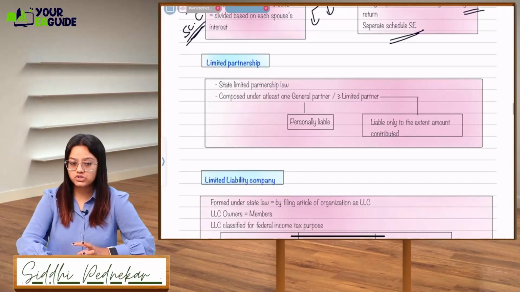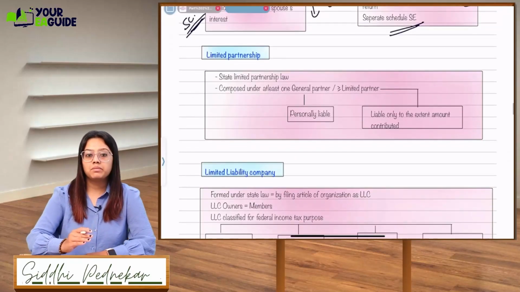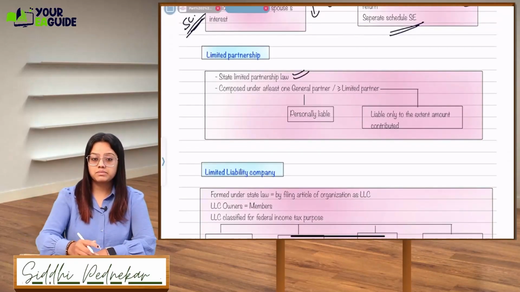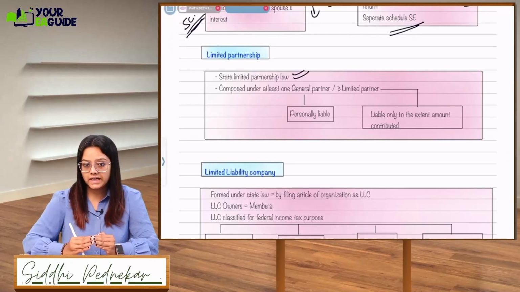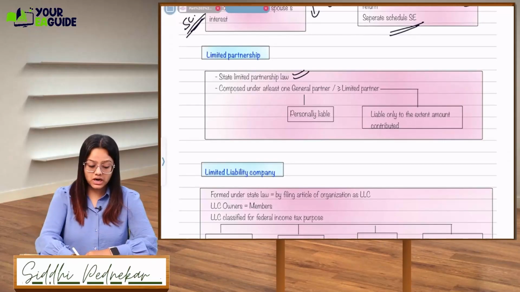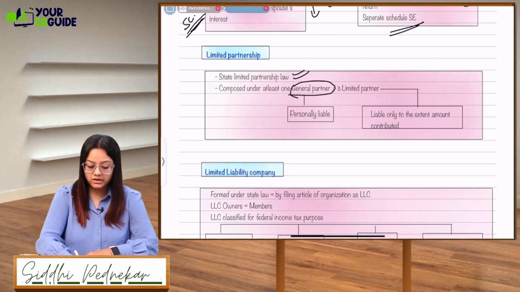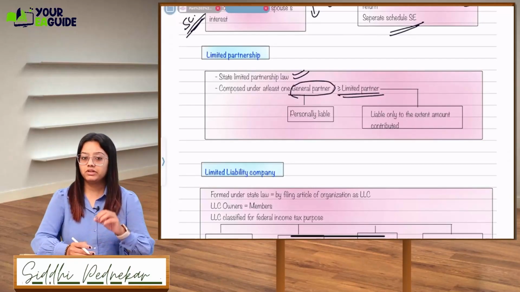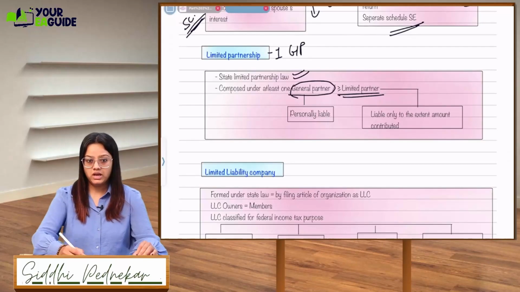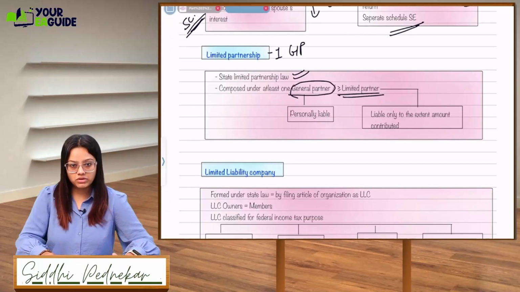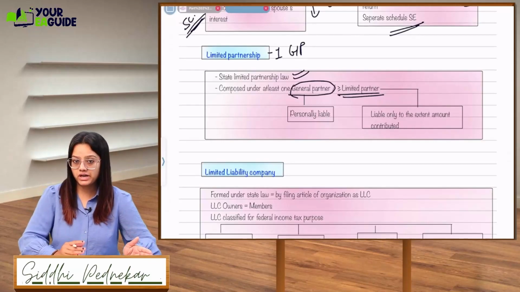We have already understood what a limited partnership is. Under state limited partnership law, it is limited at the state level, it will first be created, composed of at least one general partner and one or more limited partners. Even if it's a limited partnership, you should have at least one general partner. If it's a general partnership, all the partners will be general. You know the difference between general and limited, right?